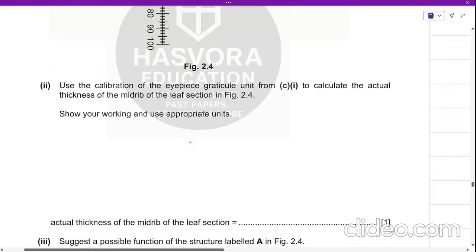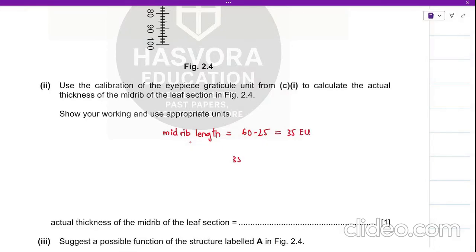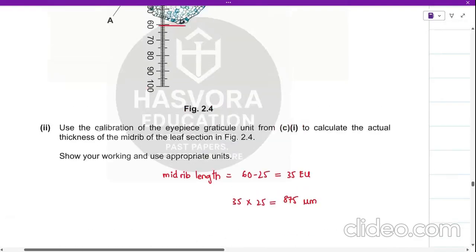So the midrib length is 60 minus 25, which comes to 35 eyepiece units. Let's multiply it by 1 unit, which was 25 micrometer. So 35 into 25 comes out to be 875 micrometer. So we have a perfect answer, 875 micrometer.